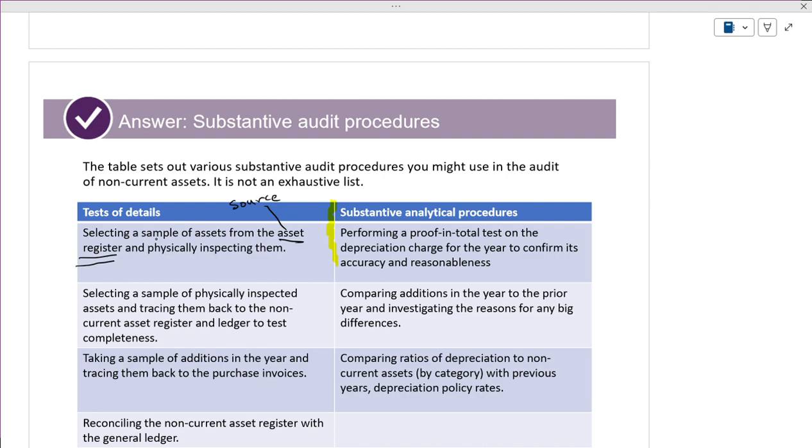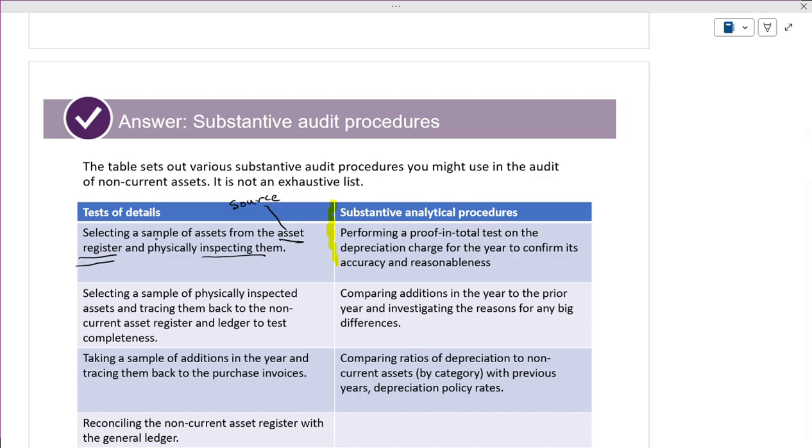Everything will be there: when it was purchased, what the life of the asset is. The asset register has every other thing. All information will be available in the asset register, and once you have that, you will physically inspect the assets. This is the test of details.